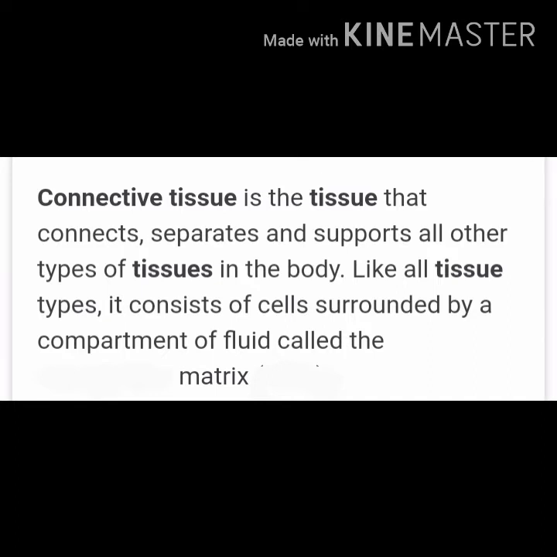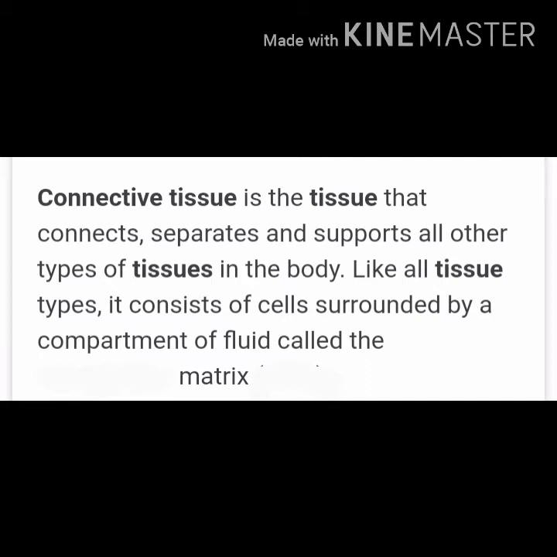So when we are taking the structure of this connective tissue, we can see it is a composite tissue. Composite tissue means it consists of more than one type of cell, like complex tissue in plants. This composite tissue has the following important parts.